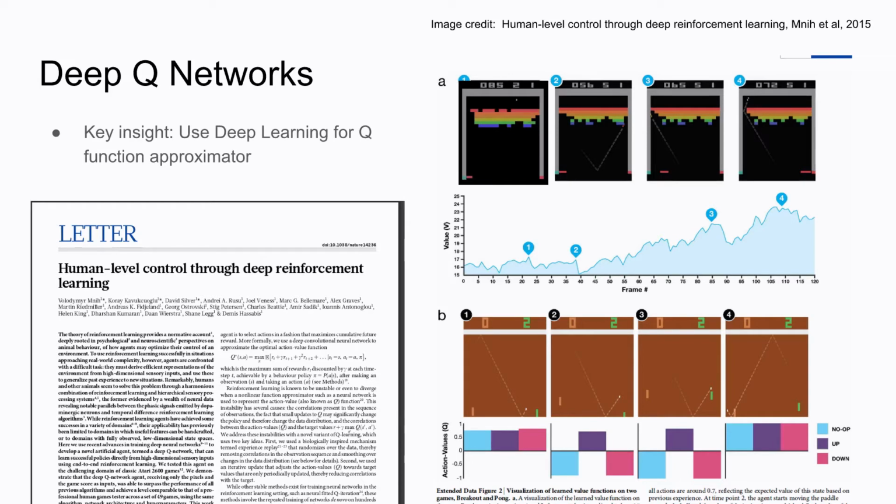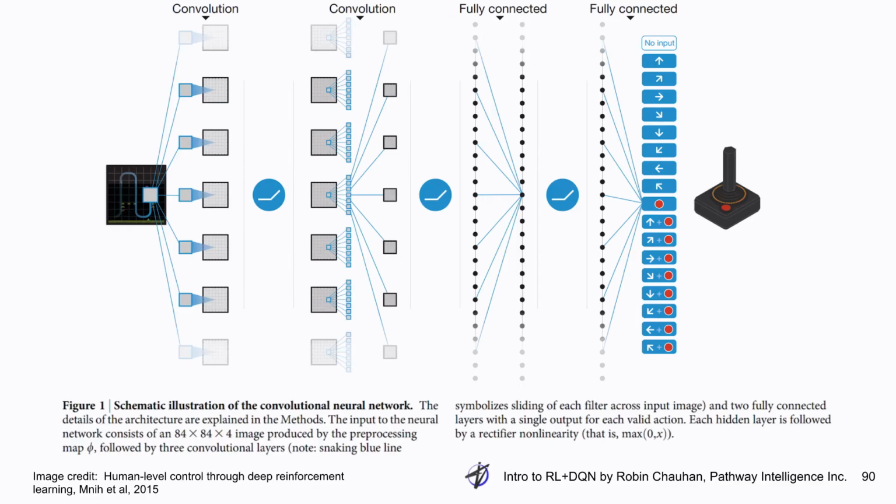Because it's dealing with an image as input, generally you use convolutional networks, so that's what they did. Then they added a couple of fully connected layers, and the output layer gives the Q values for all the actions. You can imagine little green bars showing how good each of those actions is at every step.